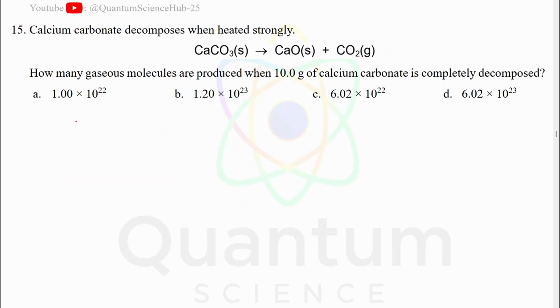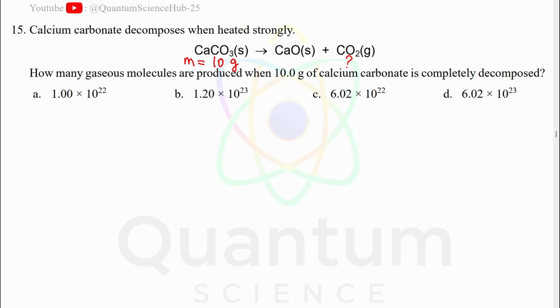Question 15. Calcium carbonate decomposes when heated strongly. This is the chemical equation. How many gaseous molecules are produced when 10 gram of calcium carbonate is completely decomposed? Okay, so in here we know the mass of calcium carbonate is 10 gram. And how many molecules of the gas?